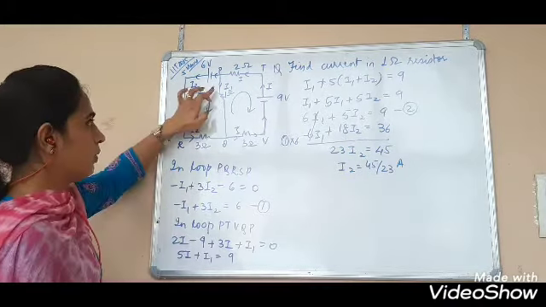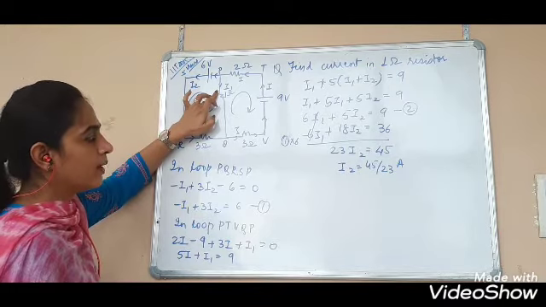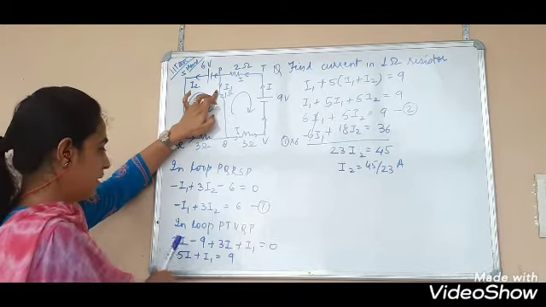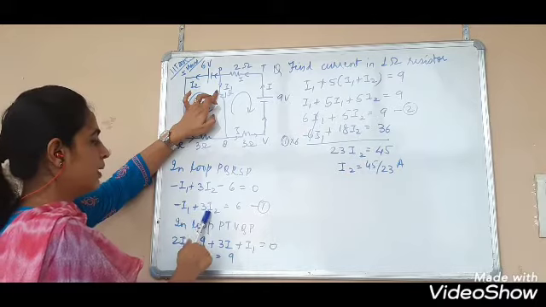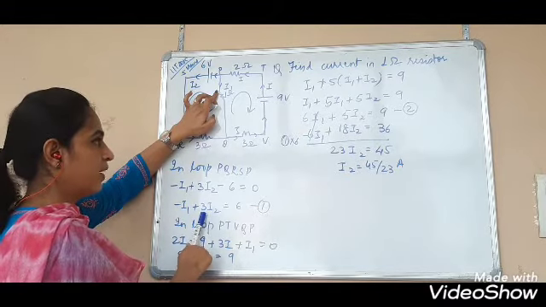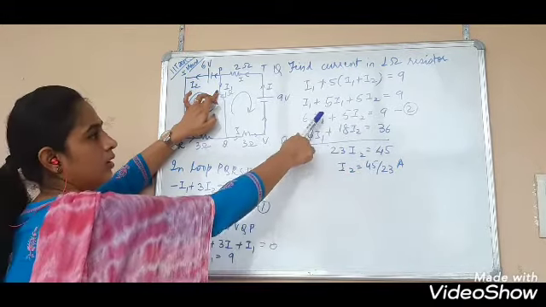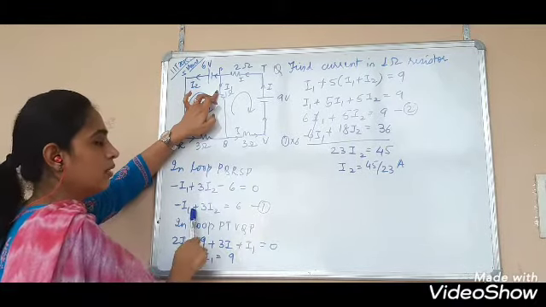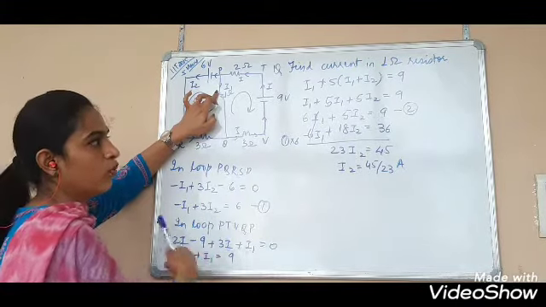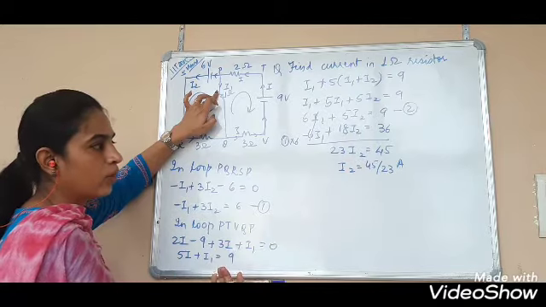Okay. And what we want is the value of I1. If you want the value of I1, you could have multiplied this equation by 5 and this equation by 3. So you would have omitted I2 directly and you would have got I1.